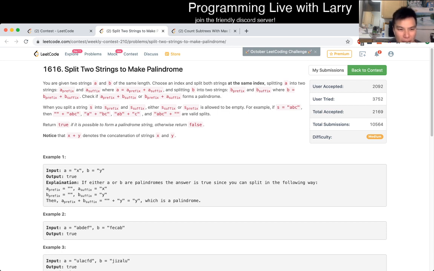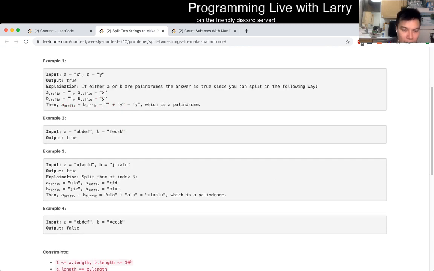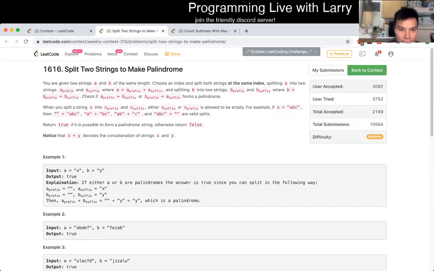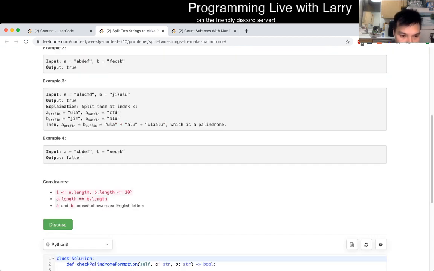Okay. They say you want to first put an A. Okay. 10 to the 5th. Oh, at the same index. Okay, so it's just some sort of sliding window type thing.